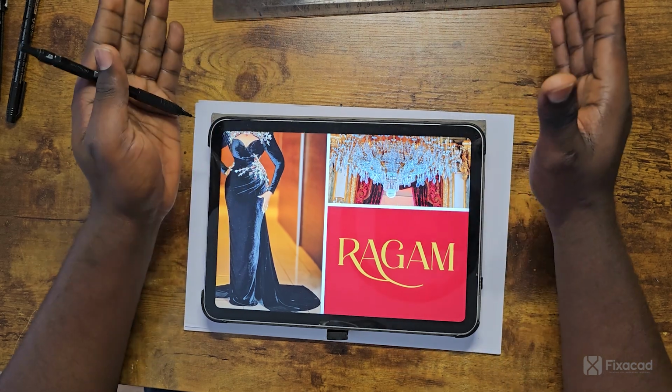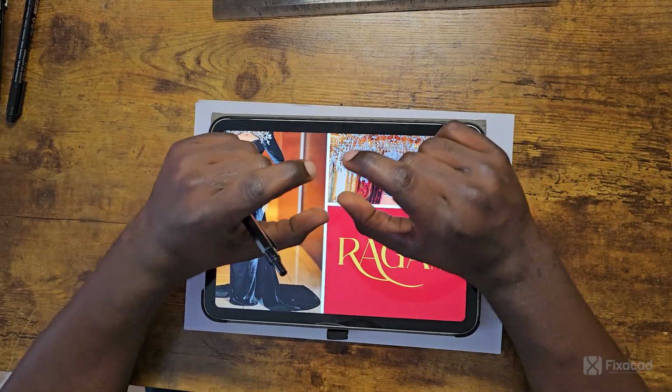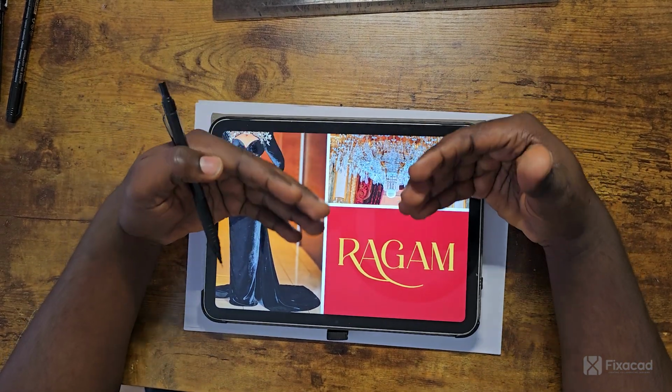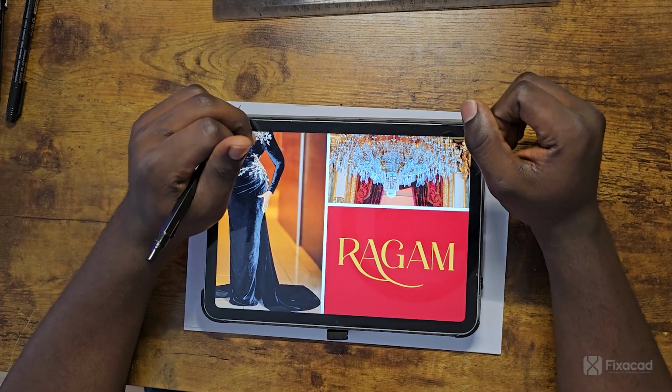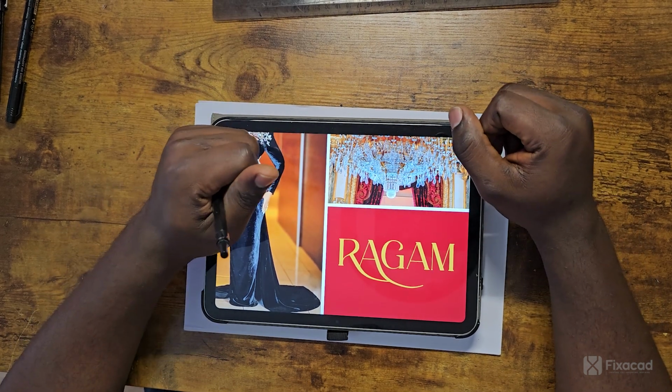So if you have a large tracking between each of the letters of the word, that shows this brand is extremely a luxury brand or extremely premium. That is, they are targeting people of high end. Do you understand where I'm coming from?